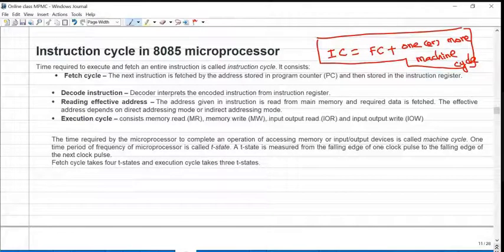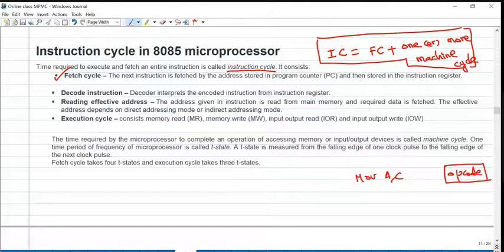The time required to fetch and execute an entire instruction is called the instruction cycle. So now I think you are all clear about fetch cycle. Opcode fetch, MOV A comma C, we need to store an opcode. To execute this instruction, the microprocessor fetches the opcode from the memory. That's it. So the instruction cycle equals only one fetch cycle.